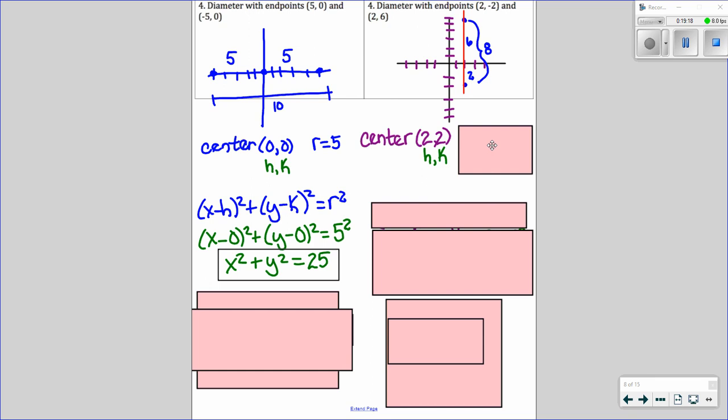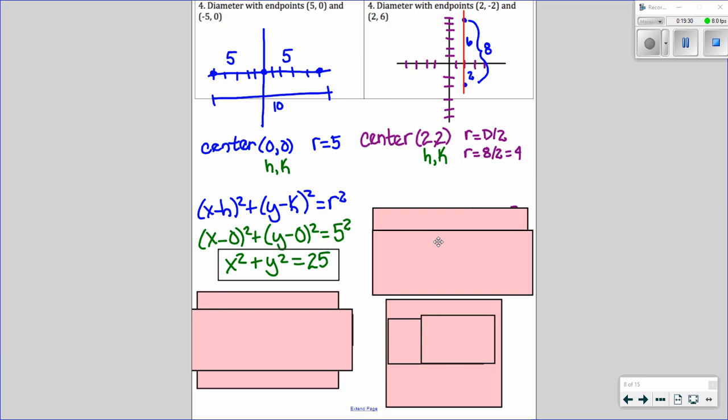My radius I said was 4 because it's half of 8, which is the diameter of this circle. I know there's no circle drawn, but they gave you the diameter of it. Now once I do that, I have the two things that I need. Then I use my formula, (x - h) squared plus (y - k) squared equals r squared.